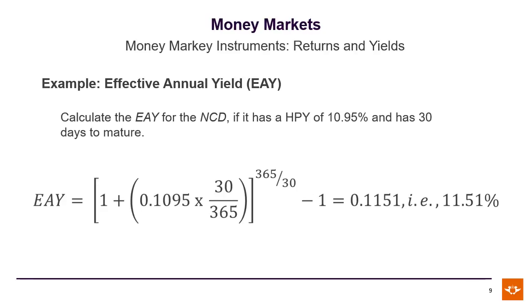It's from an example we've used previously. And once we've done our calculations, we end up with an effective annual yield of 11.51%. What this means is that now we can compare this instrument to any other instrument whose effective annual yield has been calculated, and we can make a decision about which of them is the better investment on that basis.